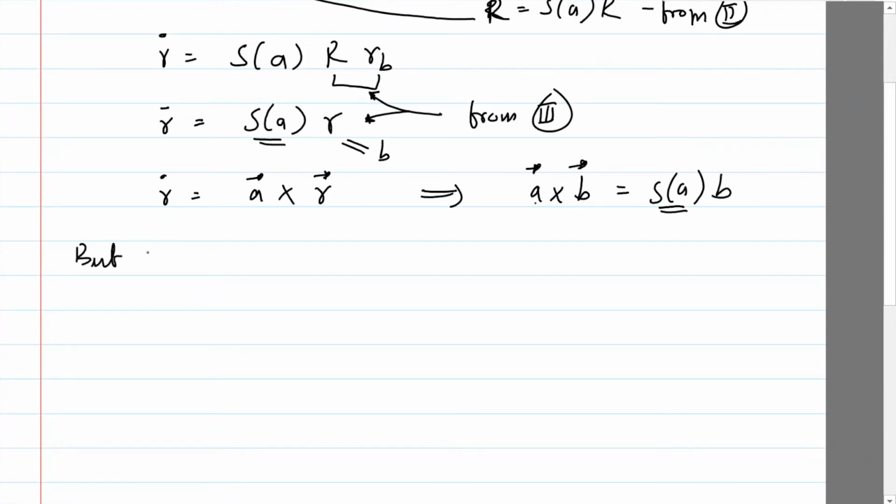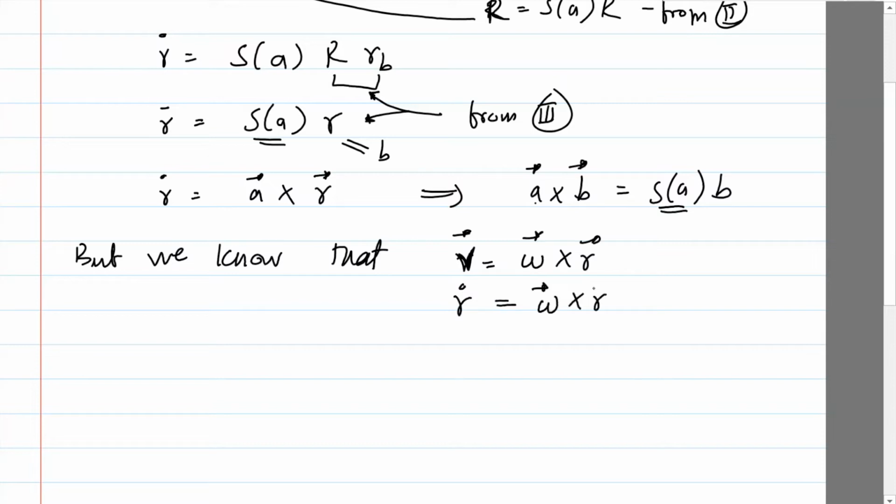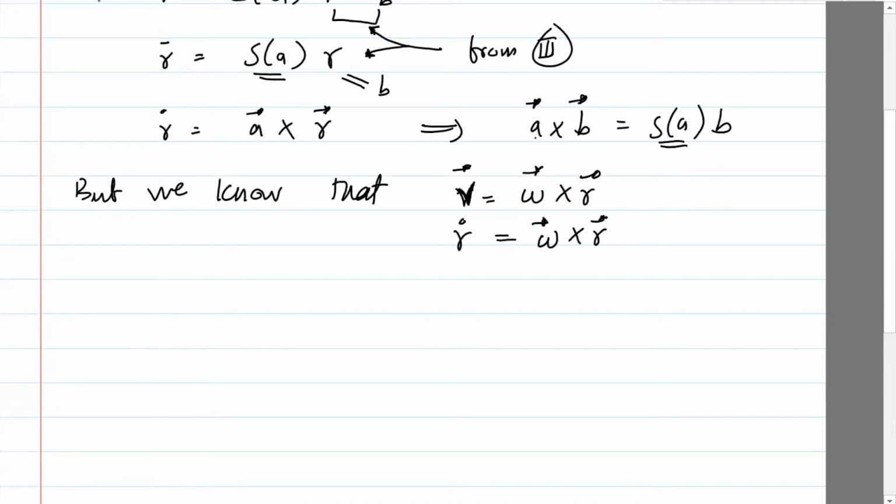But we know that V equals omega cross r. What is V? V is basically the rate of change of position, which is r dot, equals omega cross r. And so if you compare this expression, let's call this 4 and this 5.